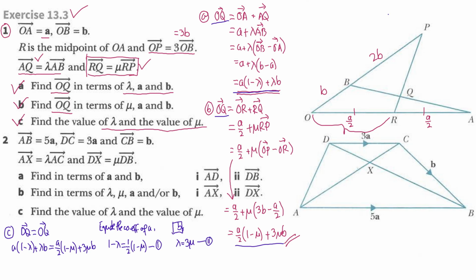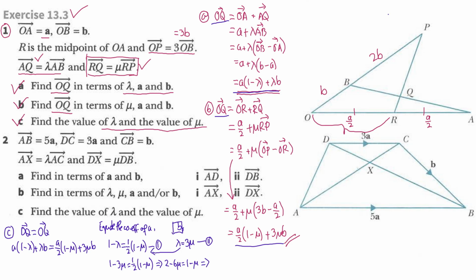Now we are going to solve these two equations. Let us start from the second equation, lambda equals 3 mu. We put it in the first equation, so 1 minus 3 mu equals half of 1 minus mu. Cross multiplying, 2 minus 6 mu equals 1 minus mu.